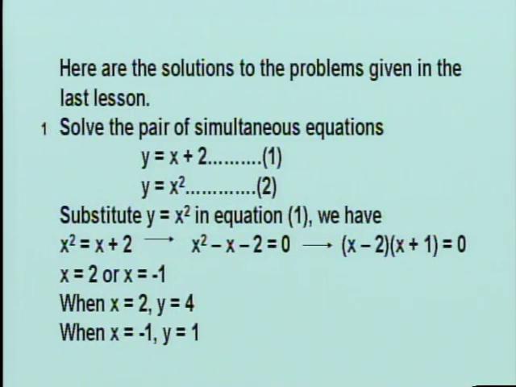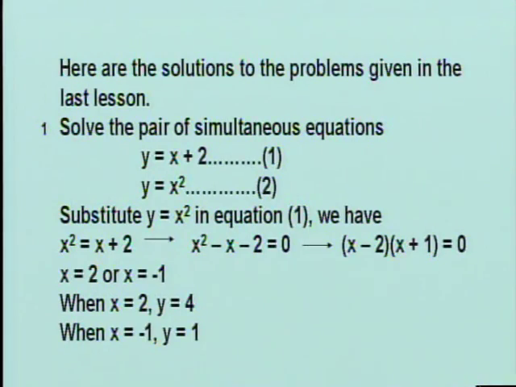We substitute y is equal to x squared in the first equation, and we have x squared is equal to x plus 2. Take all the terms to the left-hand side. That will result in x squared minus x minus 2 equals 0.